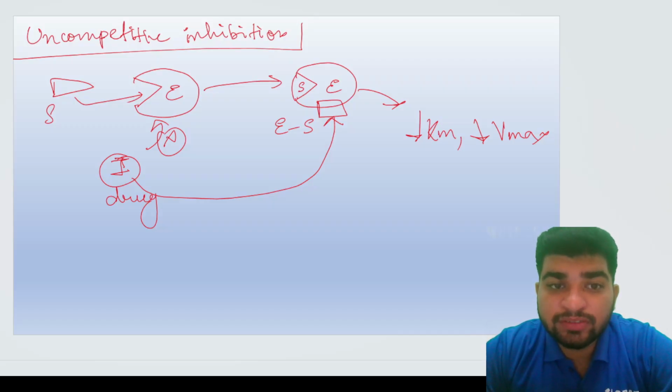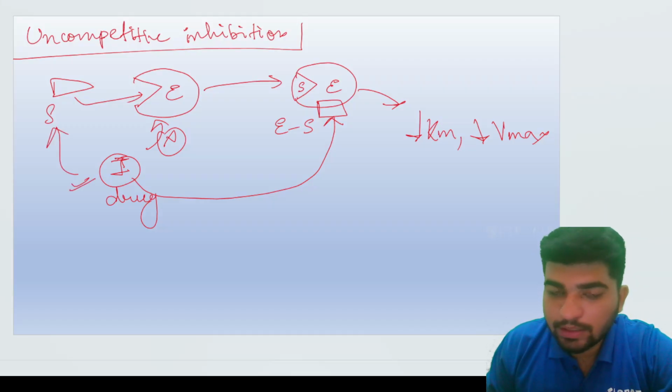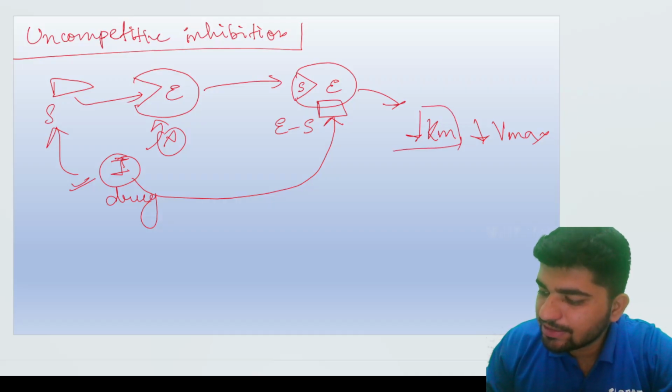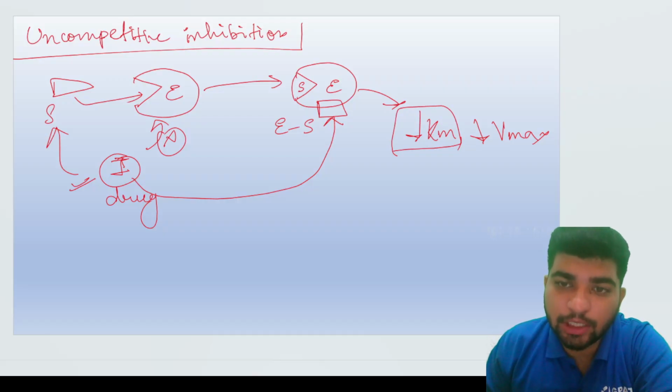Km is the amount of substrate, so a smaller amount of substrate is needed to produce the enzymatic activity, because the inhibitor is not counteracting between the substrate and enzyme. So less Km is required.